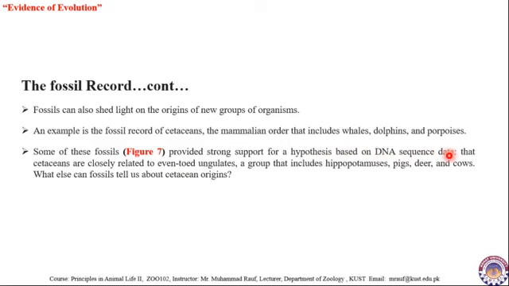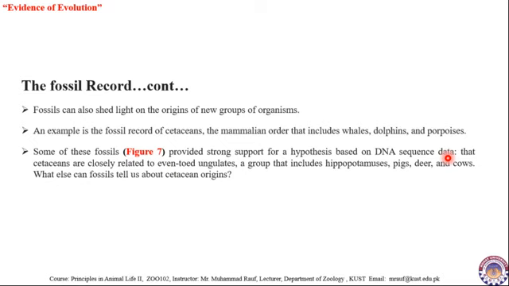Now, because of the advancements in molecular biology, DNA sequences and bioinformatic tools are used, and the similarity in the DNA sequences is used to establish the evolutionary relationship between different groups of organisms.